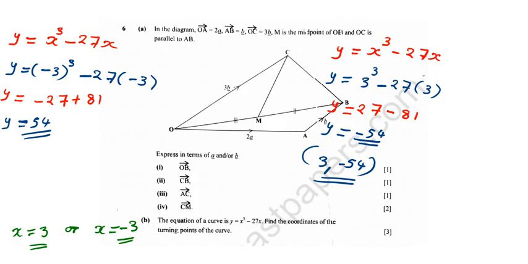So in the first part, we had 3 to the power 3 as 27, and negative 27 times 3 as negative 81. When you subtract 27 minus 81, I get negative 54. Here I'm getting a positive 54.